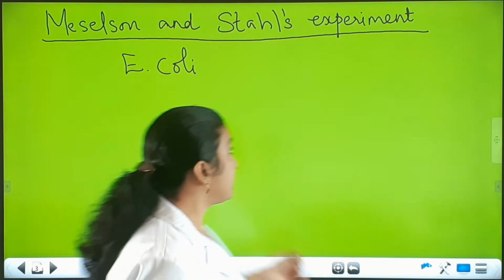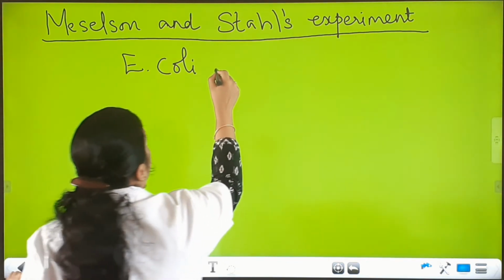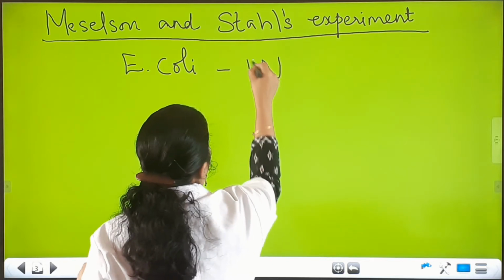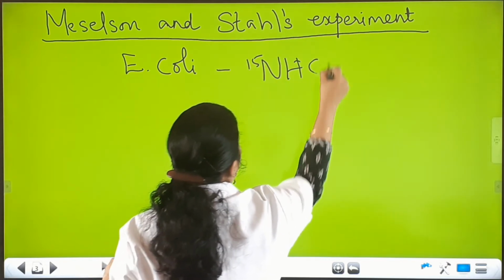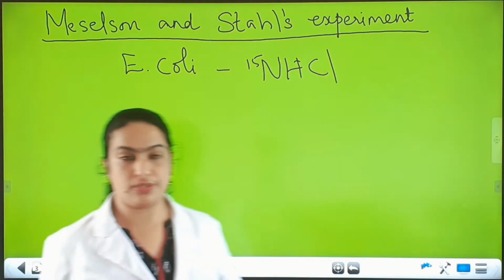They grew E. coli bacteria in a medium containing ammonium chloride for several generations.